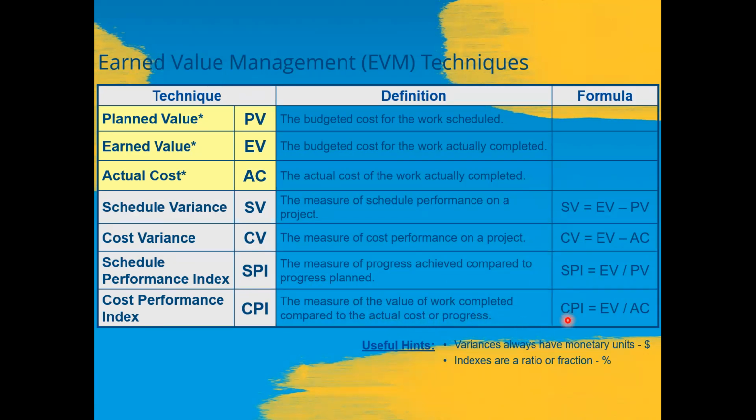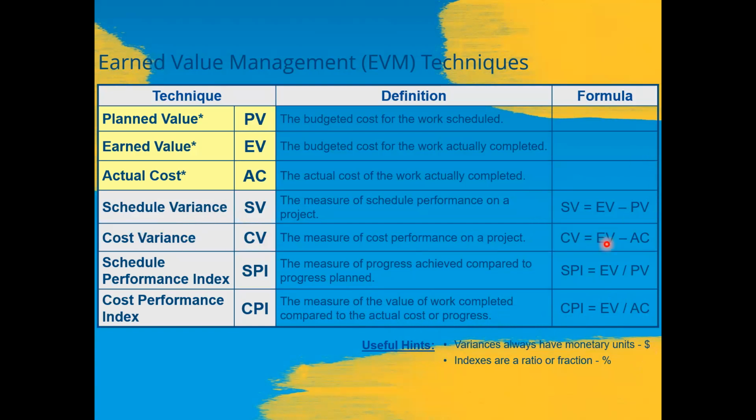So CPI can be calculated by dividing earned value by actual cost. Here you should be careful while solving questions: the variances always have monetary units, like the dollar is the unit for the variance, like schedule variance and cost variance.